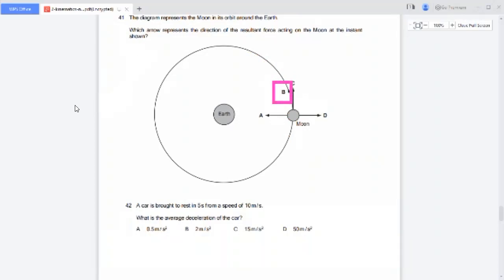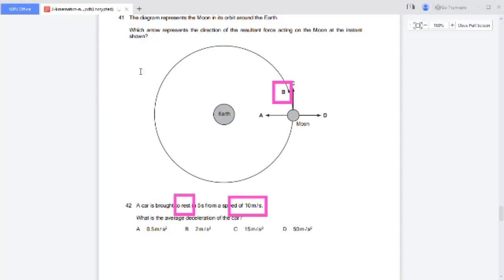Now let's move to 42. A car is brought to rest in 5 seconds from a speed of 10. We know that rest means final velocity is 0, and the initial velocity is 10, in 5 seconds, so time is 5 seconds.